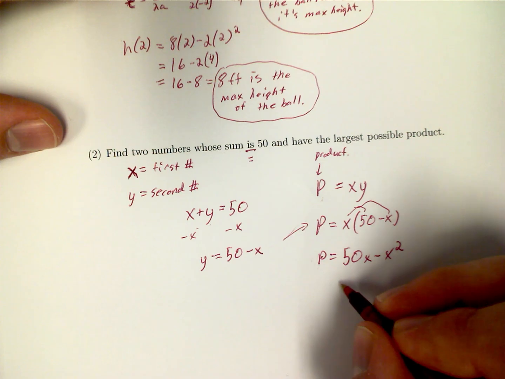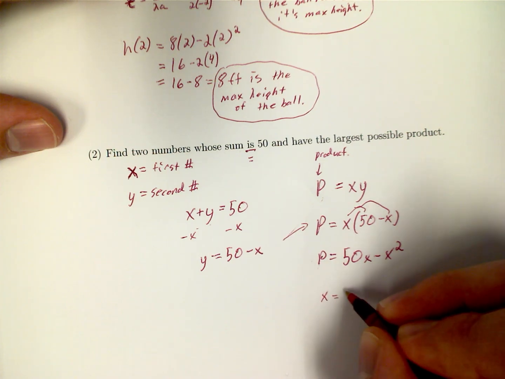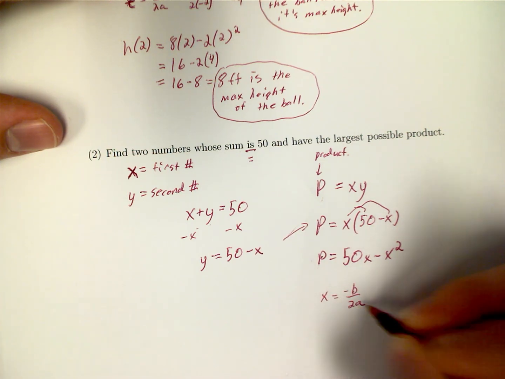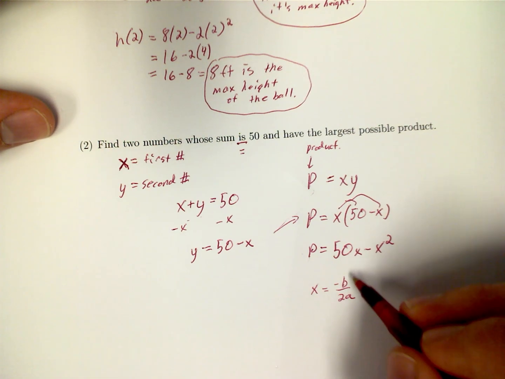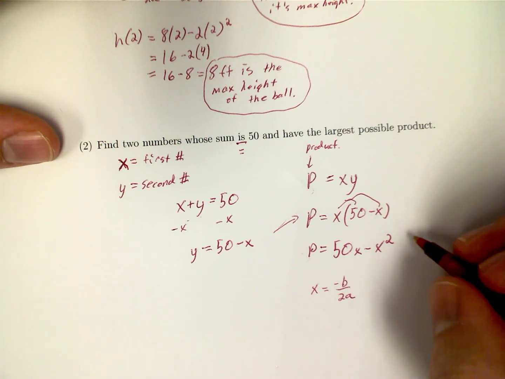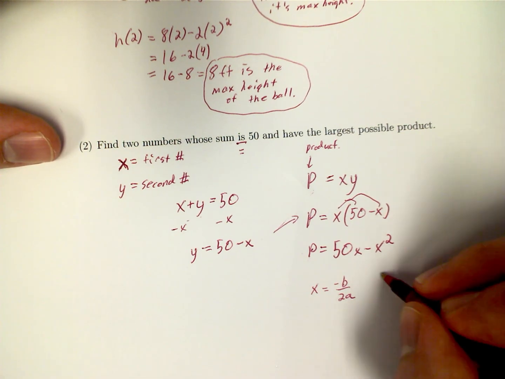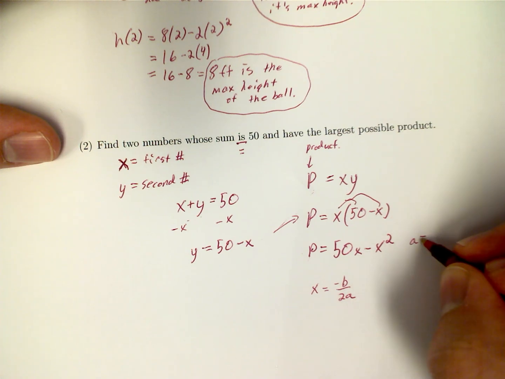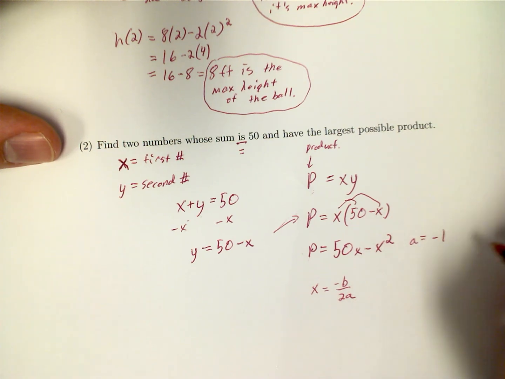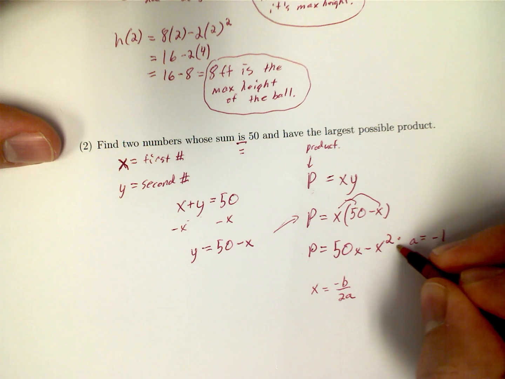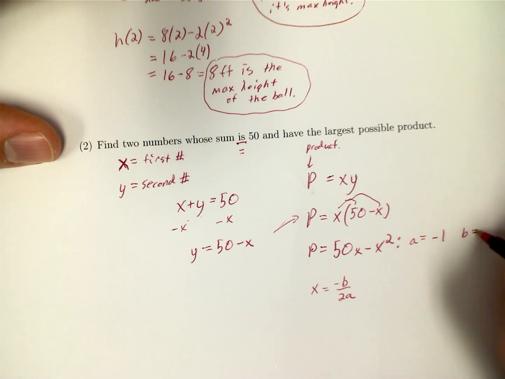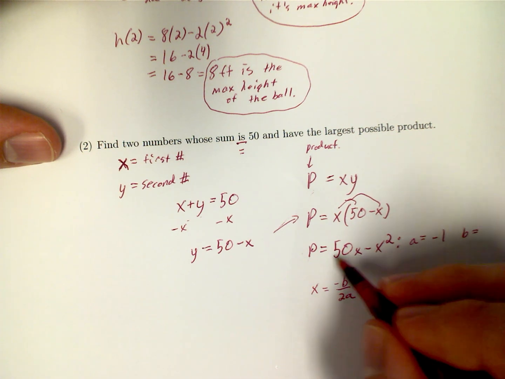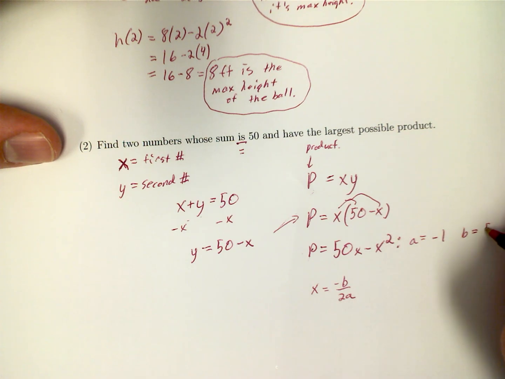So what is the vertex given by? Well, x equals negative b over 2a. This is the formula for the first part that we always had to find. And what is a? Again, a is the one next to the x squared, so it's negative 1. And what's the b? The b is the coefficient next to the x, so in this case it's 50.